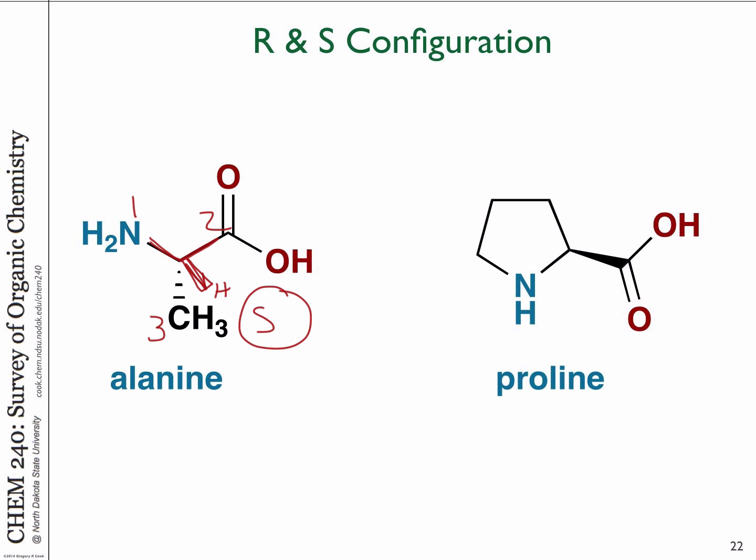And proline. So notice I'm putting that towards the back. Here are the two bonds in the plane of the board, and I'm going away from that point, either there or down here, it wouldn't matter. And priorities: N is 1, carbon with oxygens is 2, the CH2 up there is number 3.